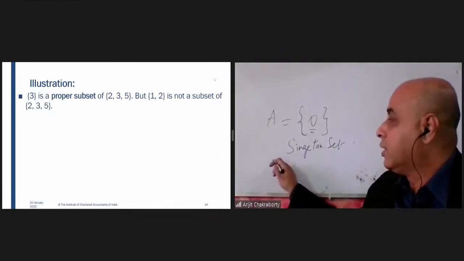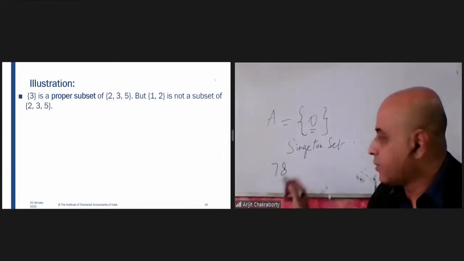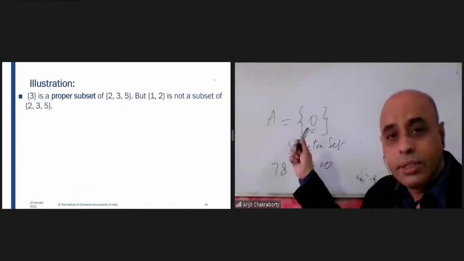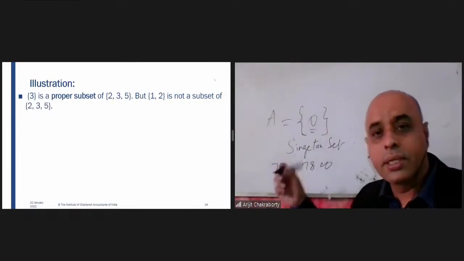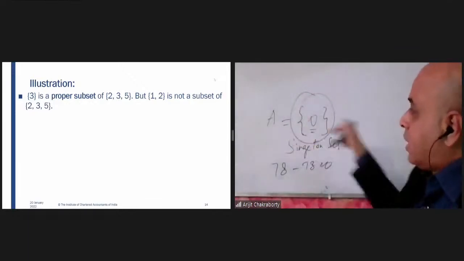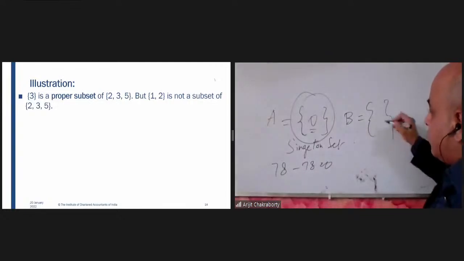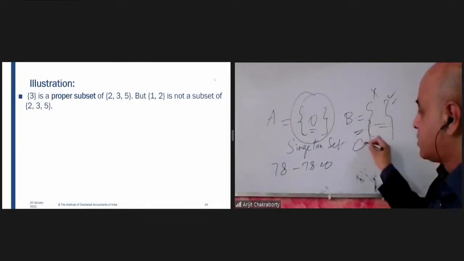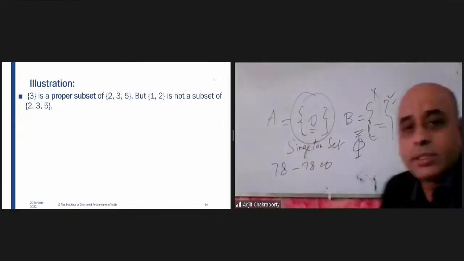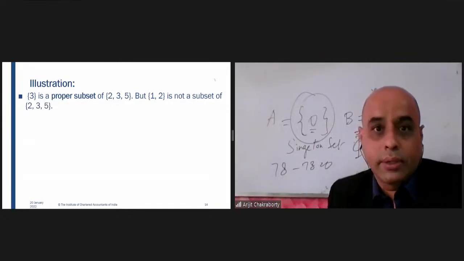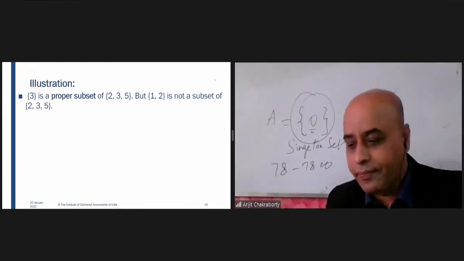Say 78: 78 minus 78 will give you 0. Similarly, 0 has a significance because it is considered a number. And if I write B, which has nothing inside, this is an empty set because there is no digit, so B is a null set. But A is a singleton set because it has one digit 0, and we cannot neglect or ignore 0 because 0 is a number ultimately.